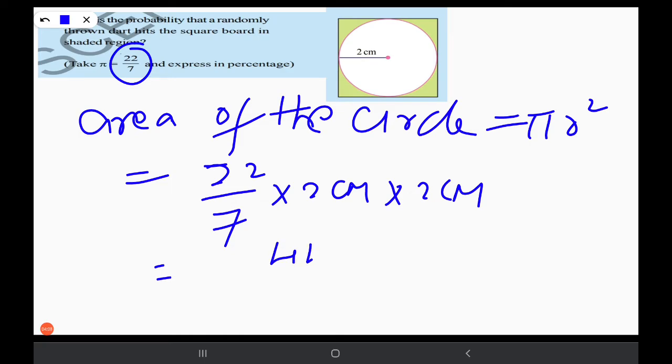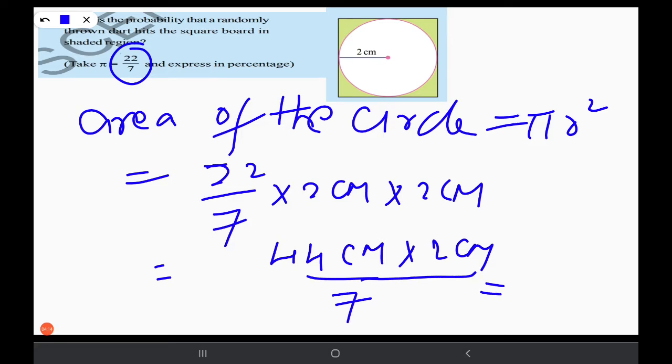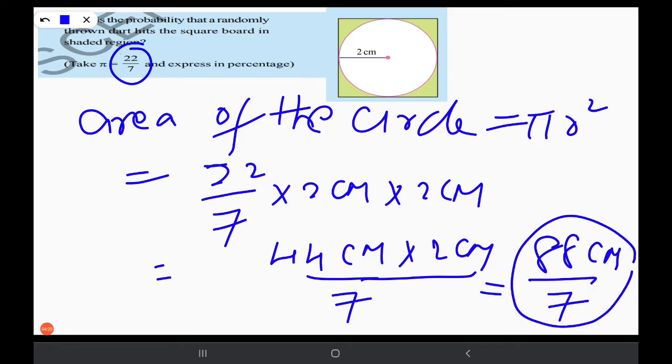So 44 into 2, 88 centimeter square by 7. Remember this value, 88 by 7. This is the area of the circle portion.